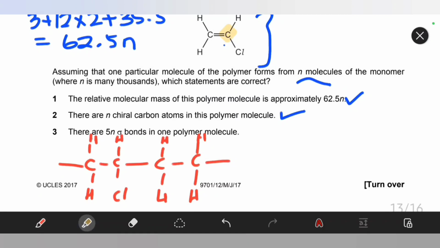So let's count the sigma bonds. According to this formula 5n, there should be 10 sigma bonds. Let's count if there are 10 sigma bonds. 1, 2, 3, 4, 5, 6, 7, 8, 9, 10, 11, 12. There are 12, meaning this option is not followed. So the answer is just B.